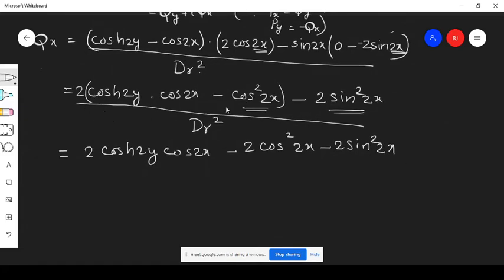This 2 is taken inside, so 2 cos square 2x and minus 2 sin square 2x. In both these terms, minus 2 is common, so that minus 2 can be taken outside. When you take minus 2 outside, this becomes plus here. Am I clear? Write yes or no.